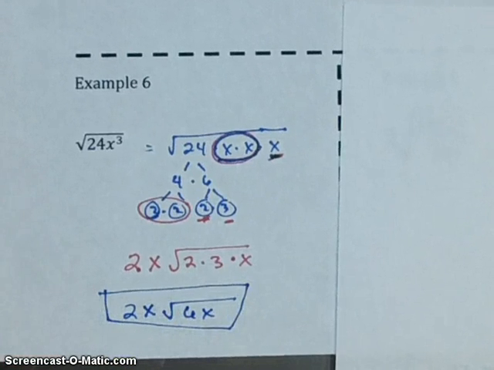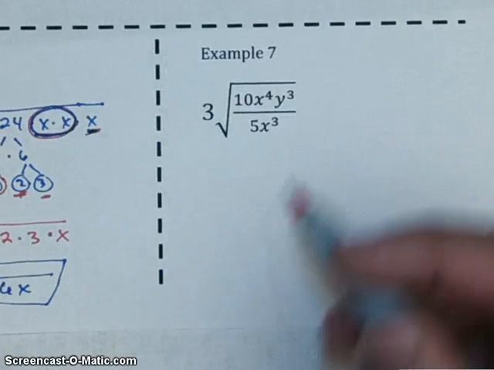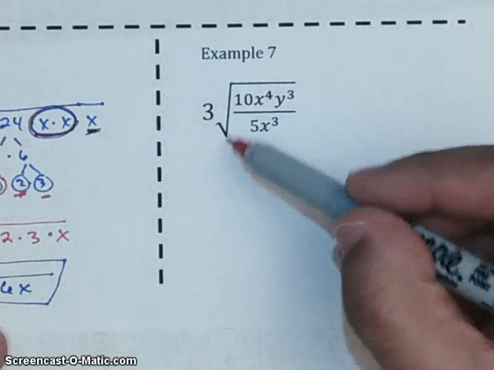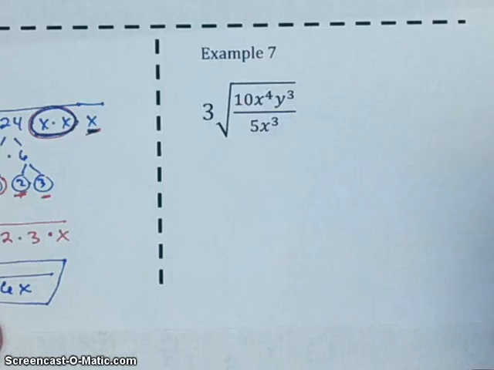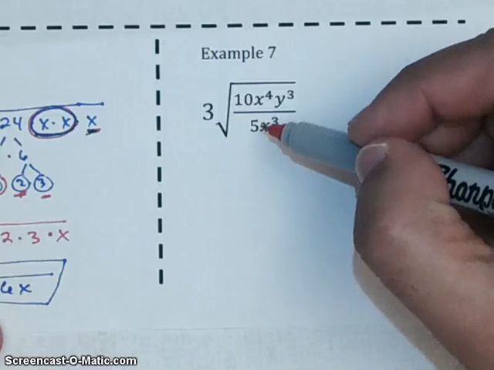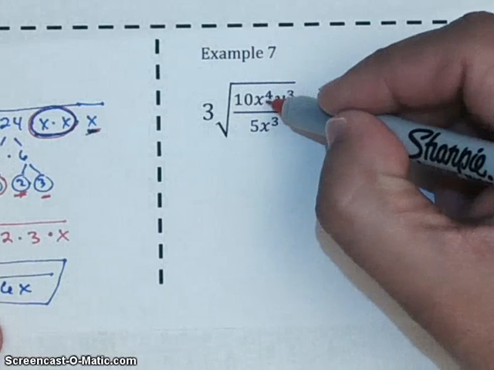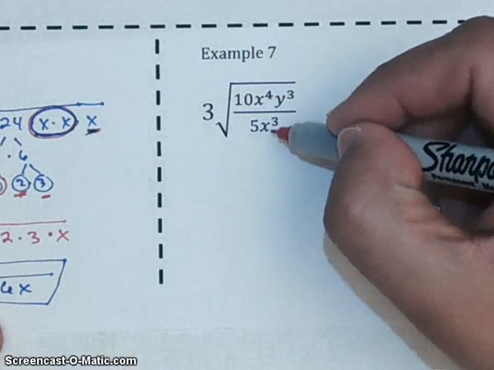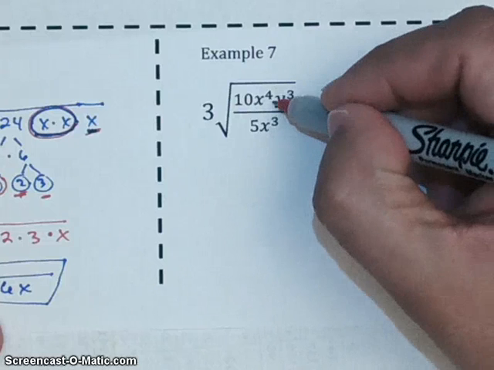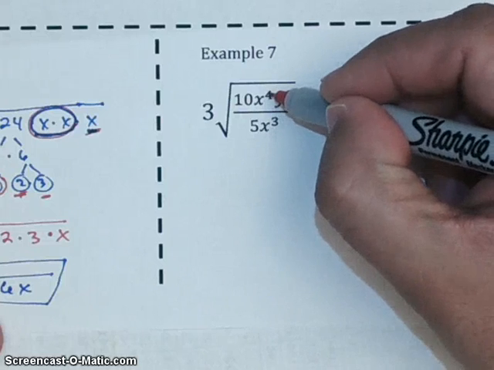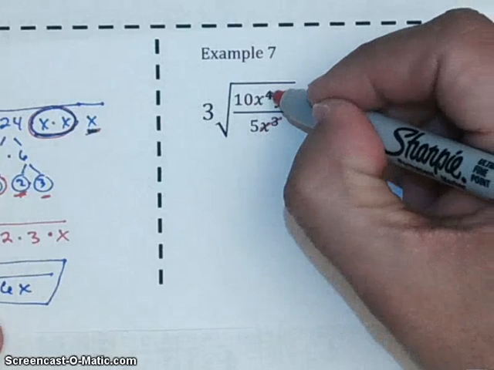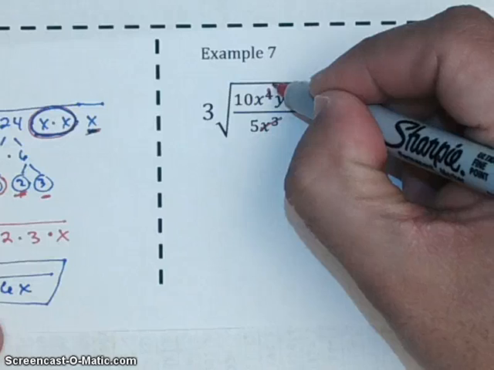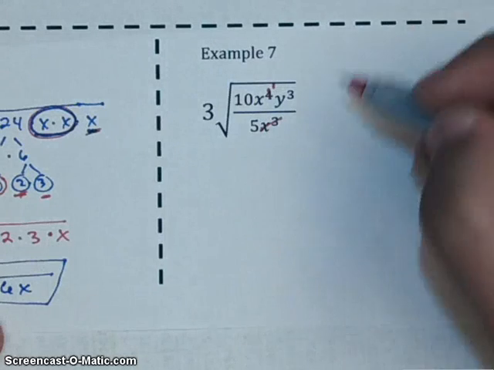That's in simplest form. Alright, and the last example I'm going to show you is a fraction inside the radical with variables in the problem. Again, this is not as bad as it looks because we have x's in the numerator and x's in the denominator. If I have 3 on the bottom and 4 on top, I can factor out 3 on each, and that's just going to leave me 1 x in the numerator.